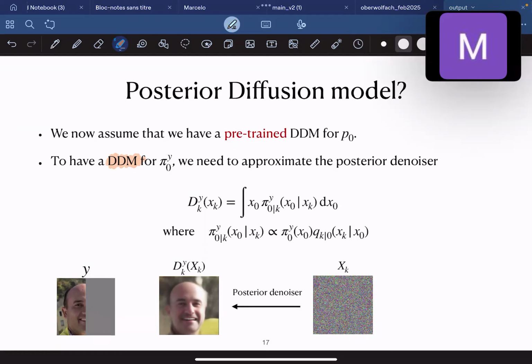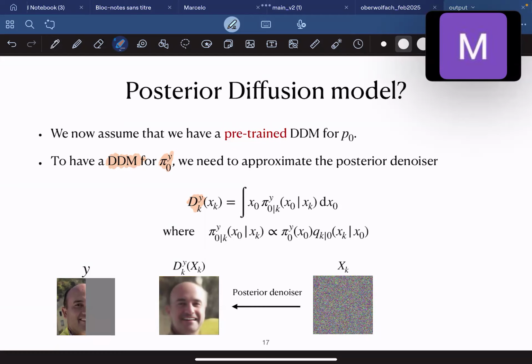By definition and the presentation I gave you about diffusion models, I would like to have access to a sequence of denoisers associated with the diffusion models for which the initial distribution is not P0, but is my posterior distribution, which is a twisted distribution associated with P0, which I denote by P0y.